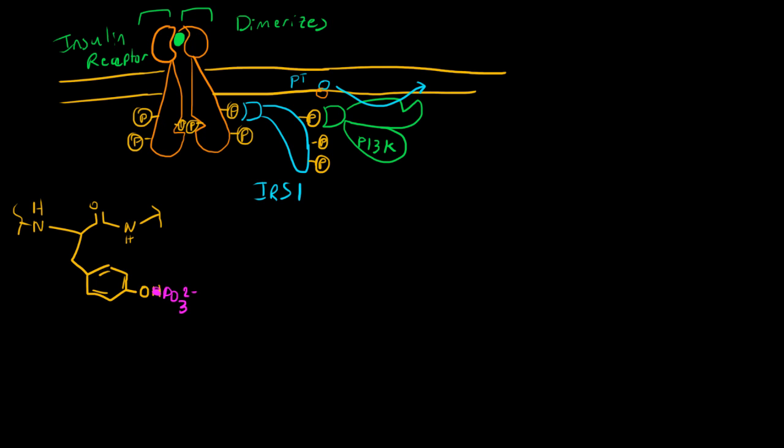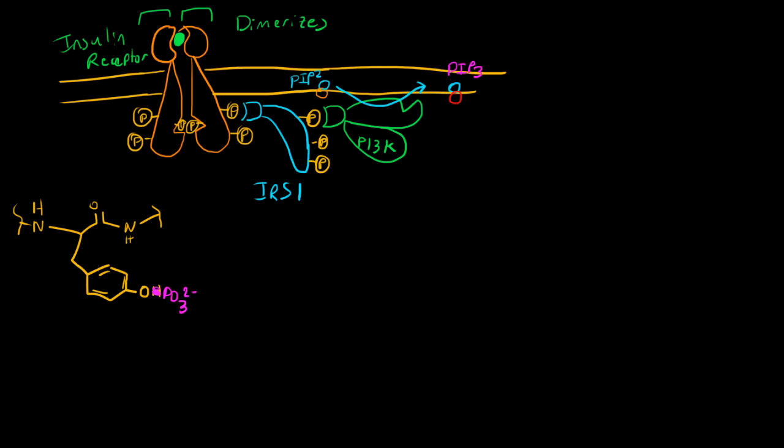So let's name this guy PIP2. And basically, we're going to stick another phosphate onto the sugary head of this phospholipid, and we're going to call this guy PIP3.